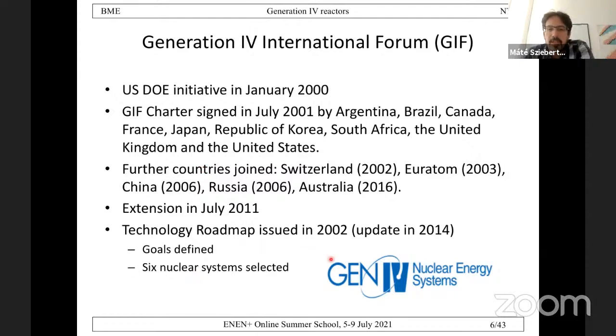The most important thing is that this Generation 4 International Forum issued a roadmap which defined certain goals, which we will go through, and selected 6 nuclear systems which are the focus of the development.